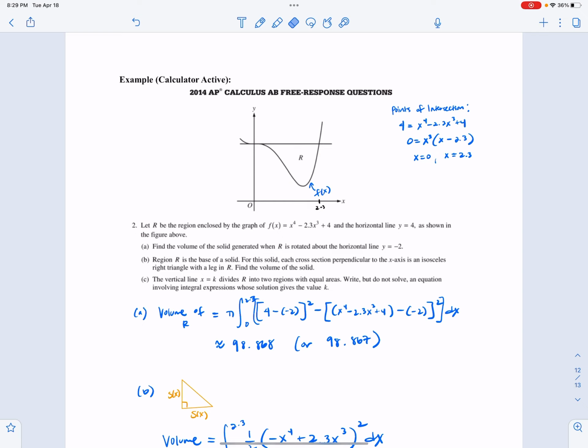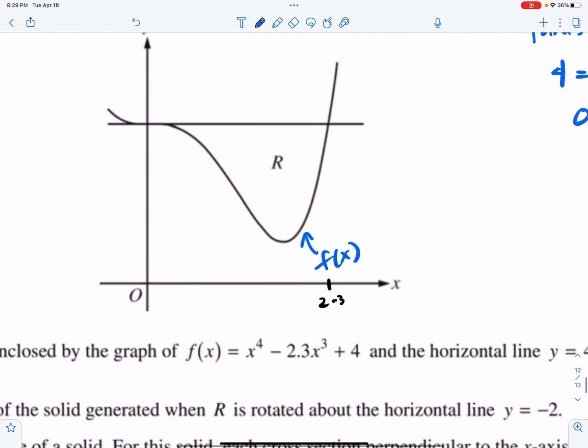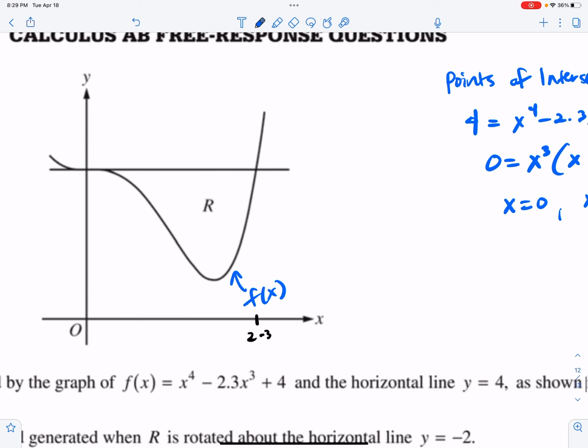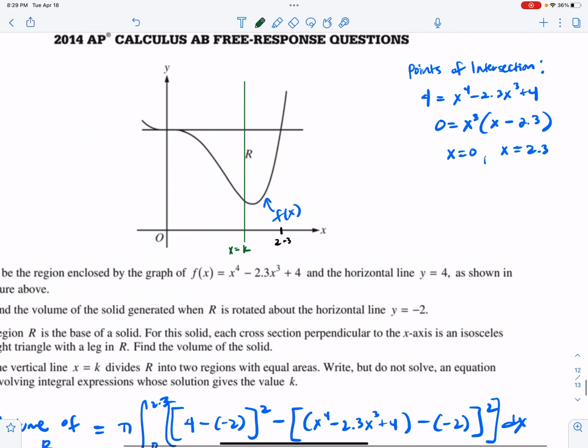Okay, so we are basically trying to figure out where we would want to draw a vertical line, x equals k, that would divide the area of R in half.